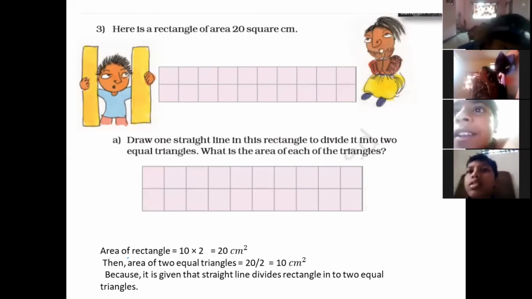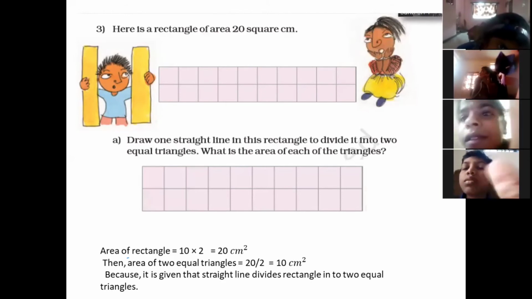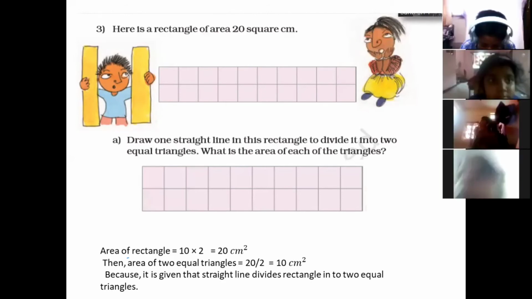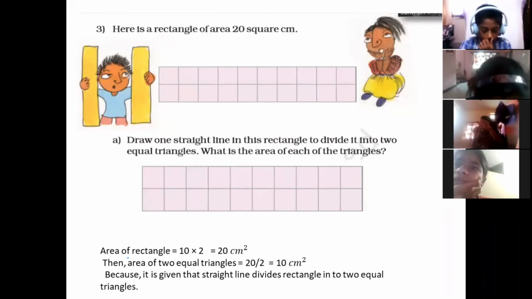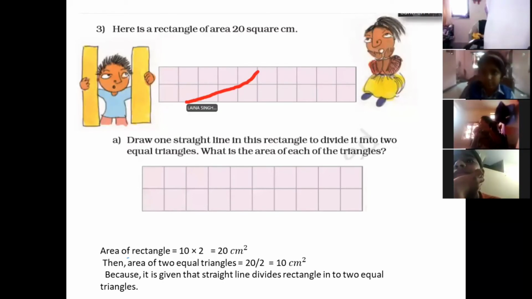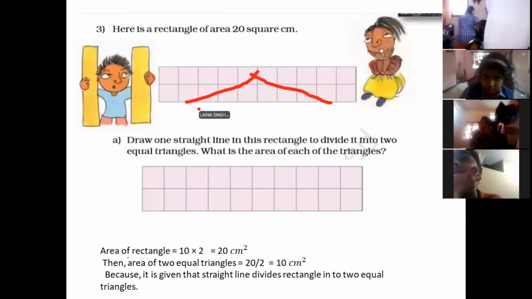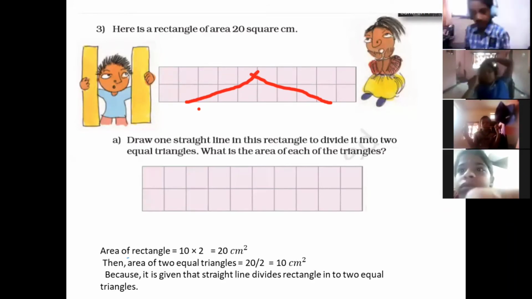Laina, next chance for Laina. Laina, try it. No, only one line you have to draw. You have to draw only one straight line to make the rectangle into two equal triangles.